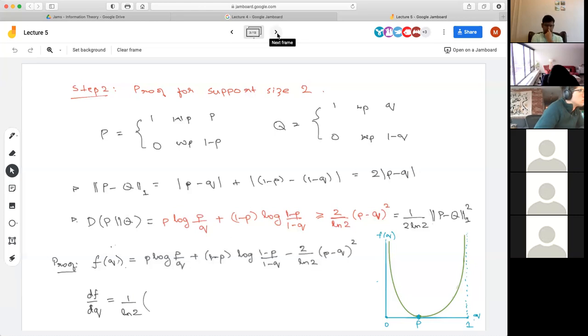It's something you can check. I don't necessarily need to do this in detail. I'm just writing the terms, doing the derivative in my head.